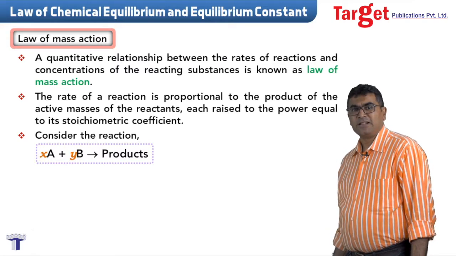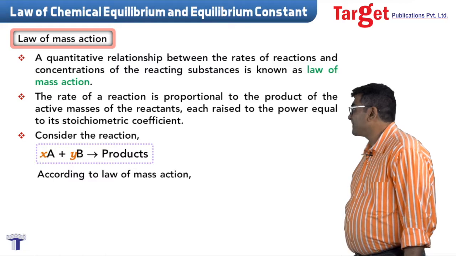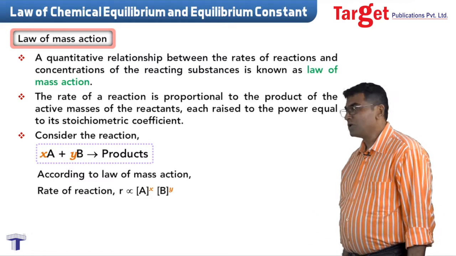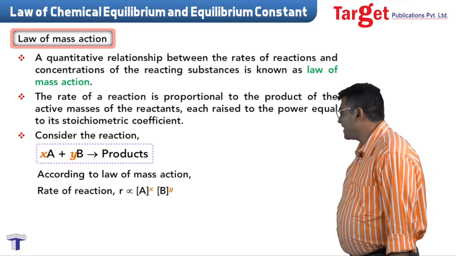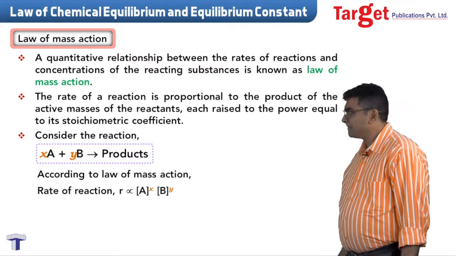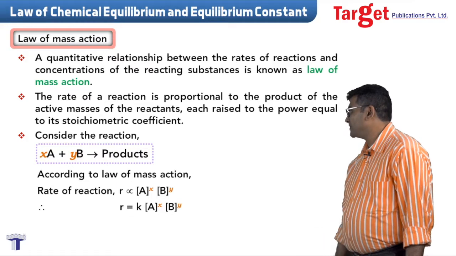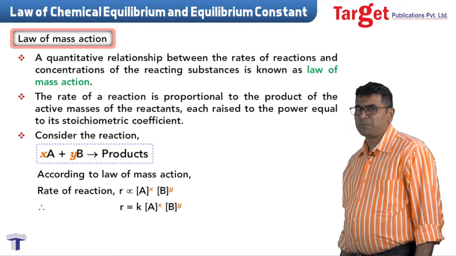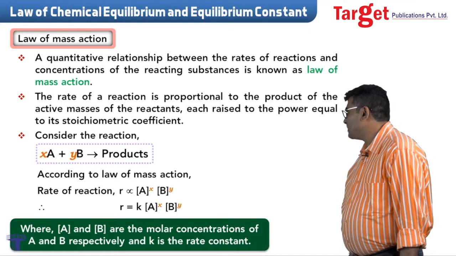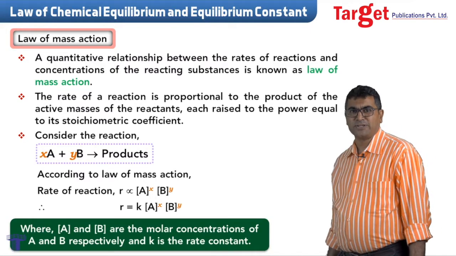So we can say that the rate of this reaction, according to law of mass action, will be proportional to concentration of A and concentration of B, both raised to X and Y respectively. If we remove the proportionality sign, it will be replaced by a simple constant K. This K is nothing else but the rate constant for this reaction.